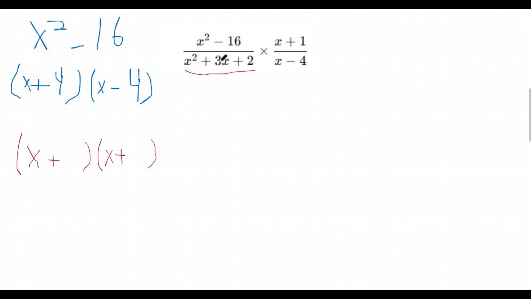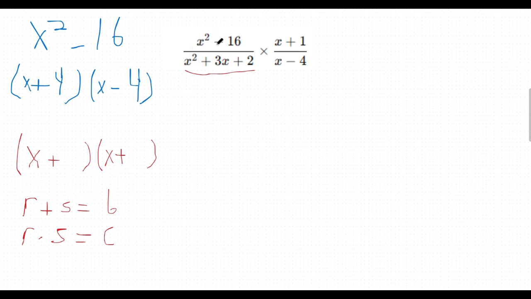We find those numbers by asking which two numbers add up to 3 and multiply to 2. I always express it as R plus S equals B, and R multiplied by S equals C, when the middle term is B and the third term is C. That's how I remember that one.